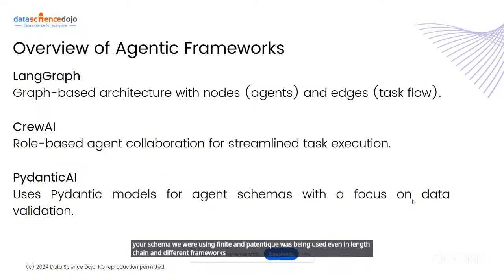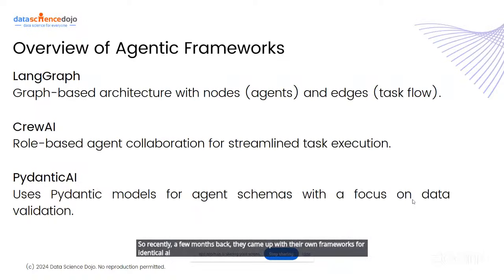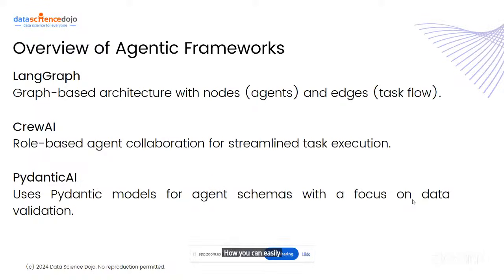So a few months back, they came up with their own framework, Pydantic AI. We are using Pydantic models for agent schemas with a focus on data validation and specific structure, and there are other things that they are giving you. We'll be discussing how you can easily create agents with different tools and how much control you have over it.